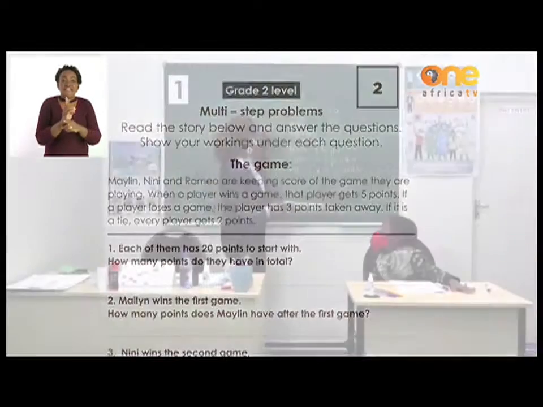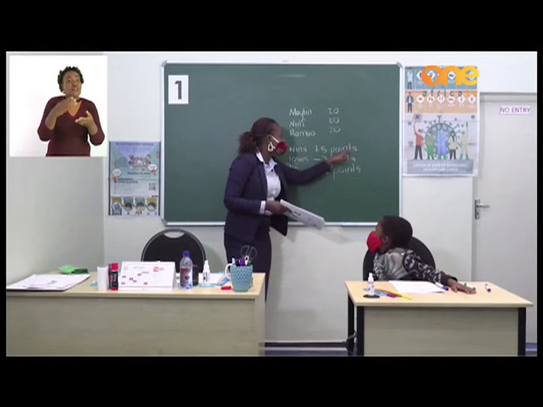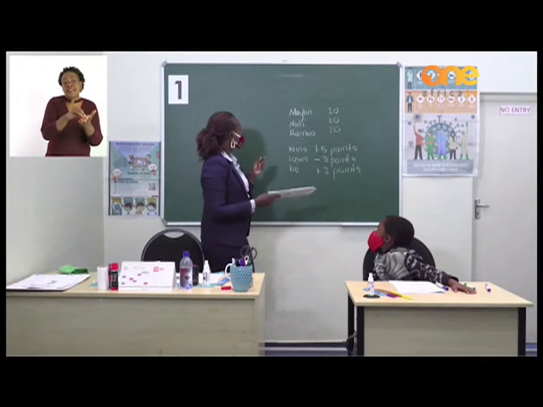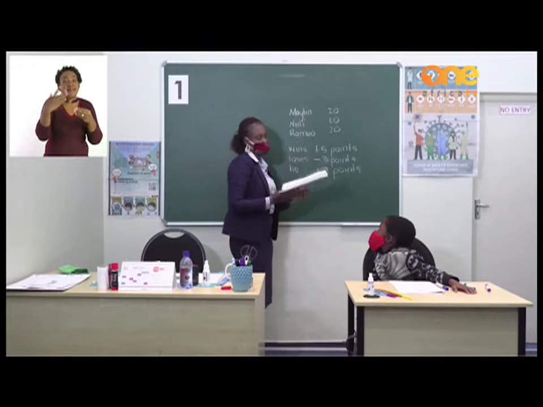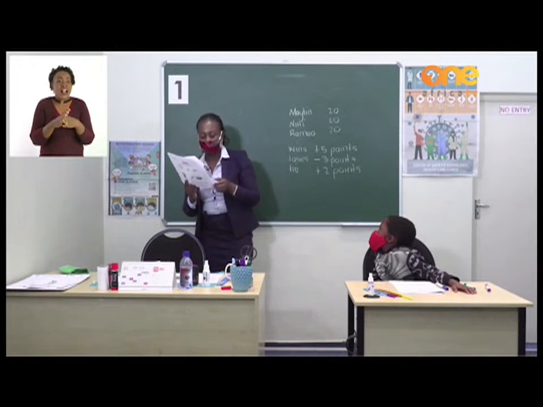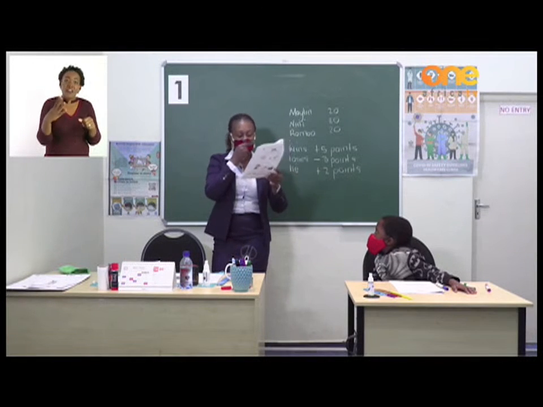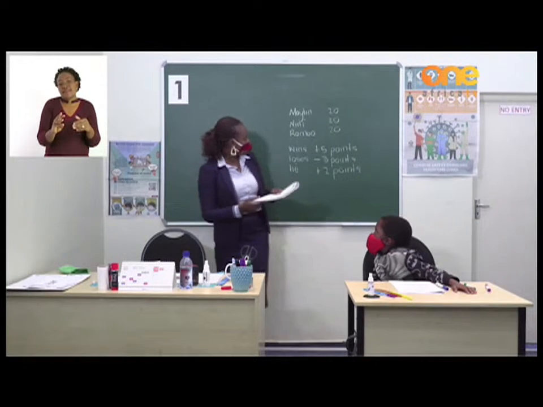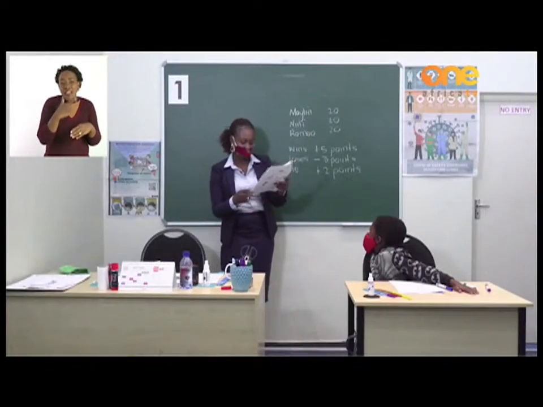We said a win is 5 points. So Marilyn will get 5 points. I now want you to do number 3, 4, 5, and 6, following what I was doing here. Thank you very much, grade 2s.